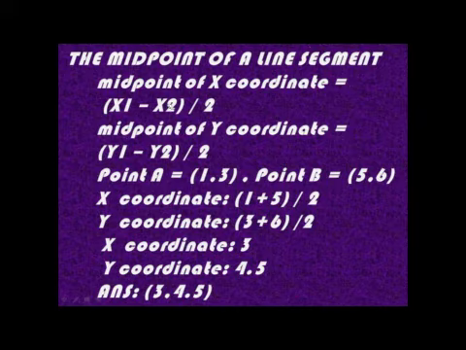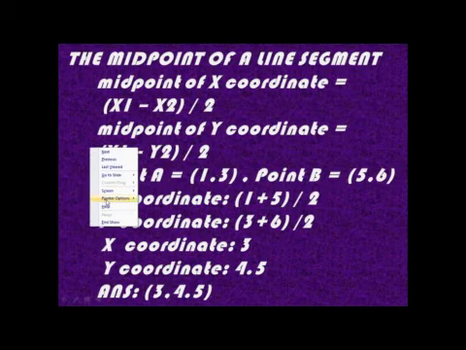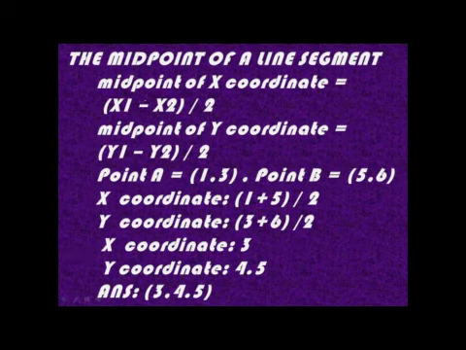The midpoint of a line segment: the midpoint of the x coordinate is equal to x1 minus x2 divided by 2. Alright, and how do you find the midpoint of the y coordinate? Sorry, wait a second. There's a little mistake: x1 plus x2 would first be solved. It's x1 plus x2, not x1 minus x2.